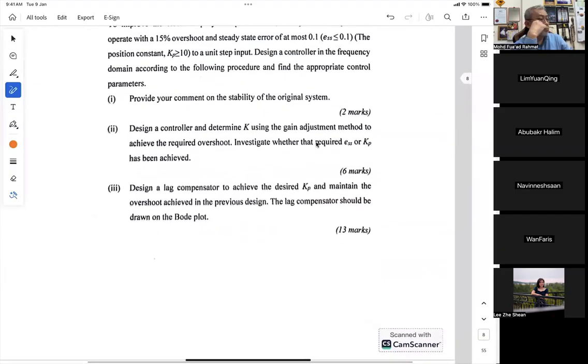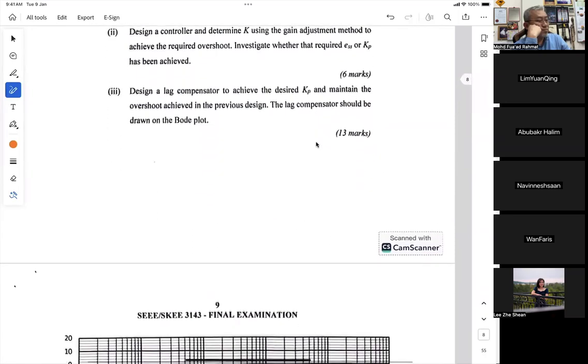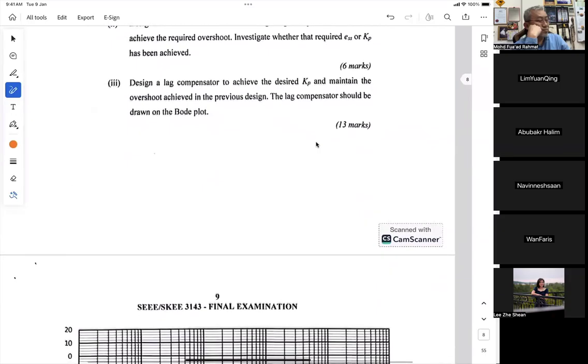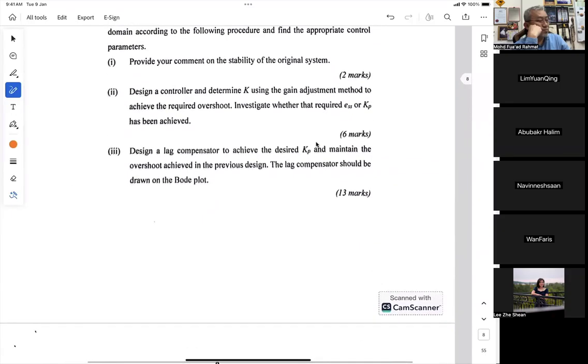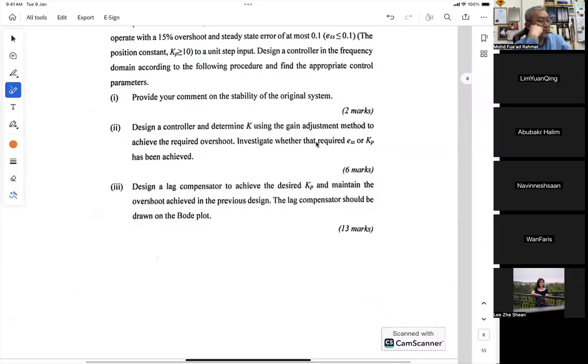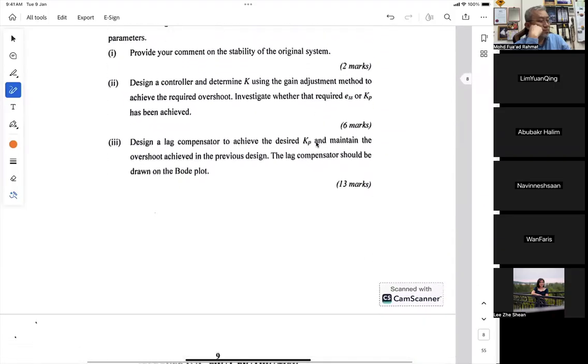Design a controller and determine K using the gain adjustment method to achieve the required overshoot. Investigate whether the required steady state error or Kp has been achieved. Design a lag compensator to achieve the desired Kp and maintain the overshoot achieved in the previous design. The lag compensator should be drawn on the Bode plot.